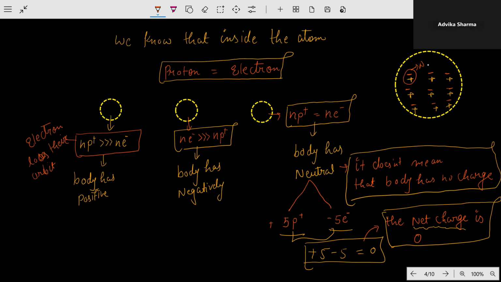But inside the atom, is there charge present or not? Yes. That's why I'm saying even a neutral body contains charge, but net charge is zero. It doesn't mean the body does not contain charge.